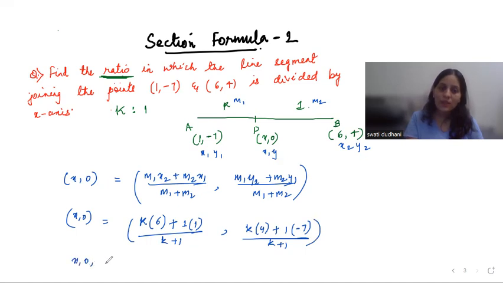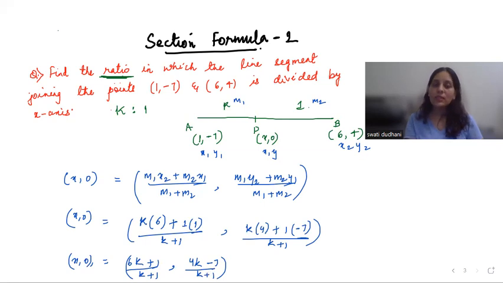So x comma 0 is equal to 6k plus 1 by k plus 1, comma 4k minus 7 by k plus 1. Basically, we need to find the ratio, so we need to find the value of k. Here we have the value for the y coordinate. Y coordinate is 0.